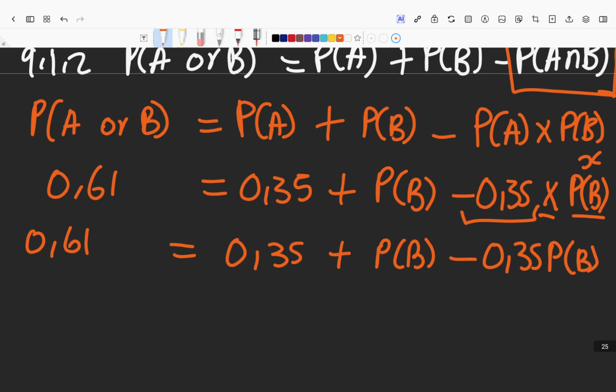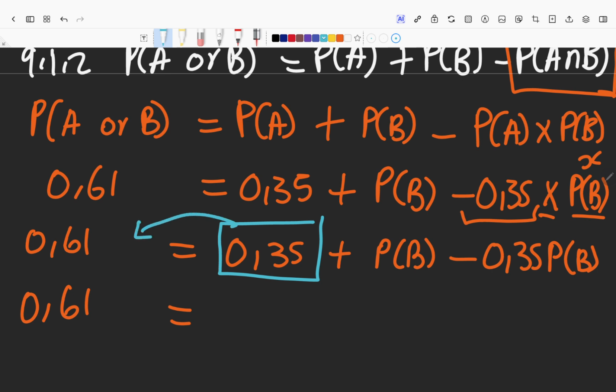So now when you simplify it, let me take this 0.35 to this side so that I can be left with the probability of B only.